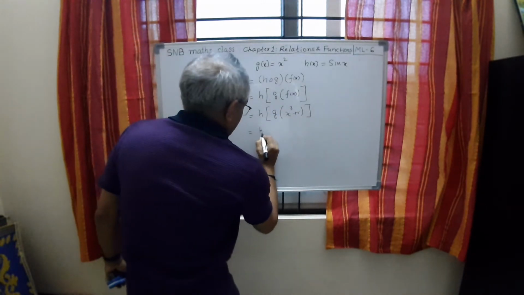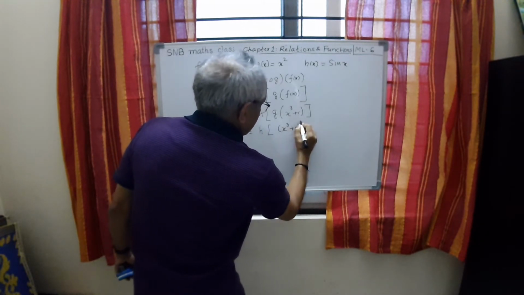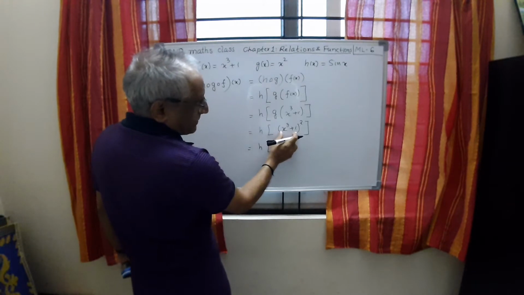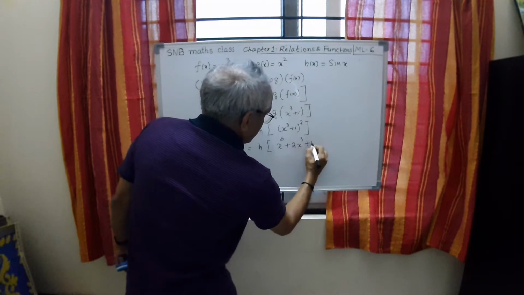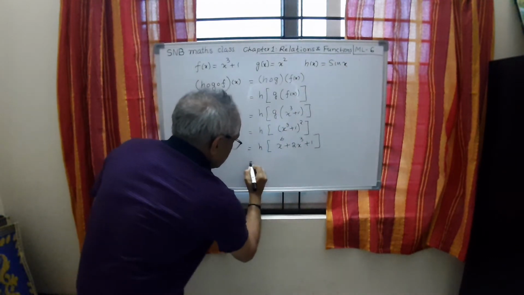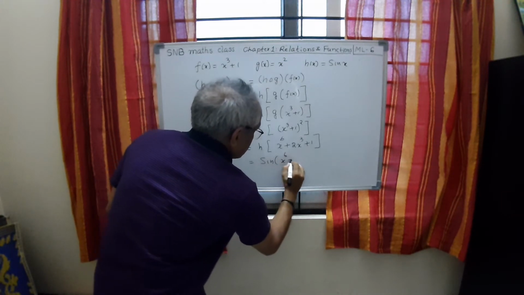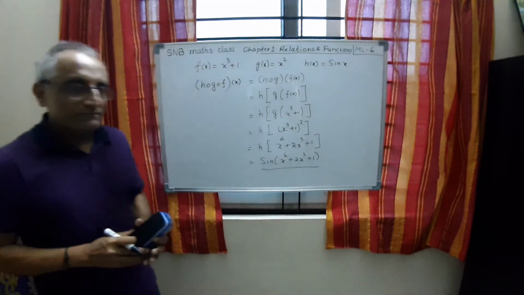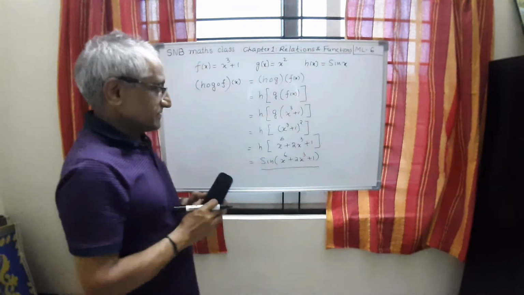So it is h of (x cube plus 1) squared, which is h of x power 6 plus 2x cube plus 1. Then h of x takes x to sin x, so this takes this function to sin of (x power 6 plus 2x cube plus 1). This is the function. So like this we can form the composite function with any number of given functions.